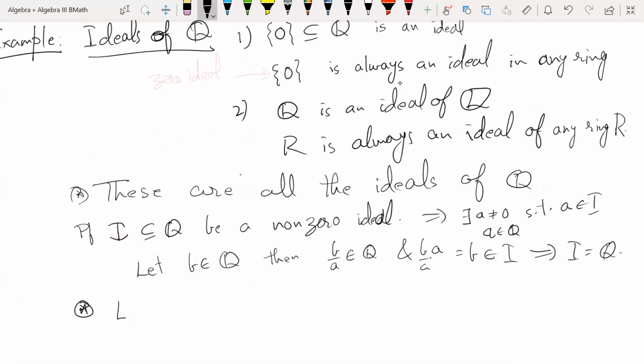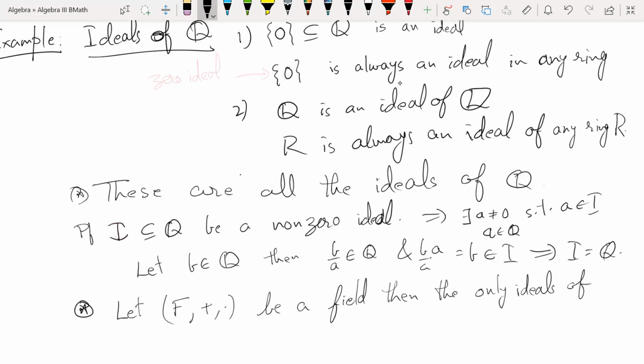So if F is a field, then the only ideals of F are 0 and F.